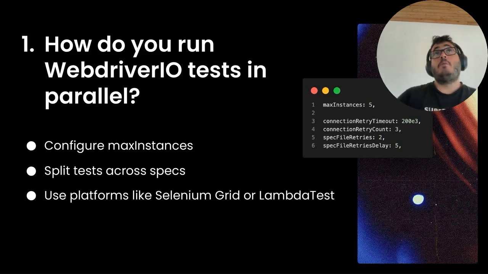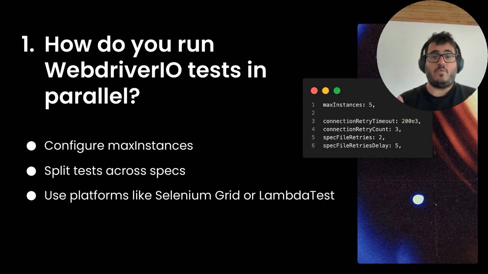But in order to run it, you need to split your tests across different spec files. You don't need to have only one spec file, because the workers are running against multiple spec files. Be mindful to have independency in your tests.